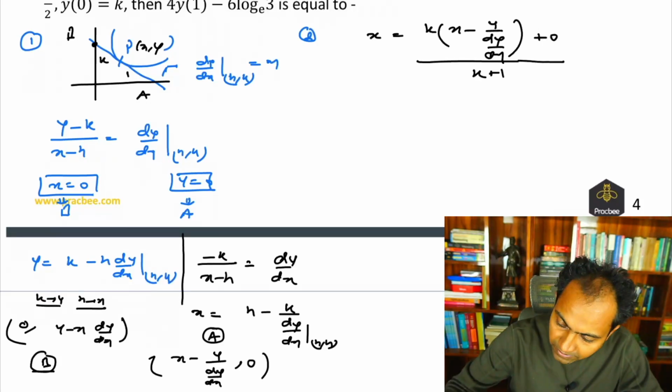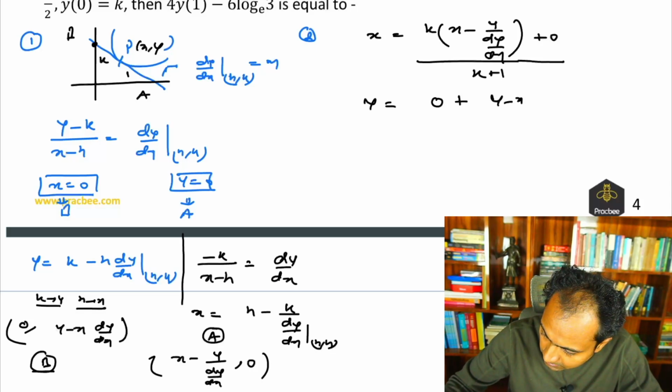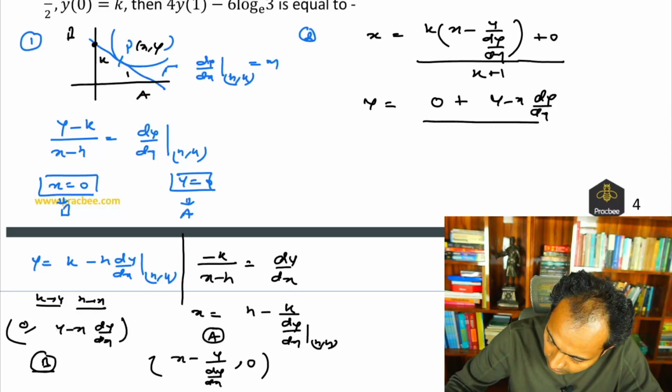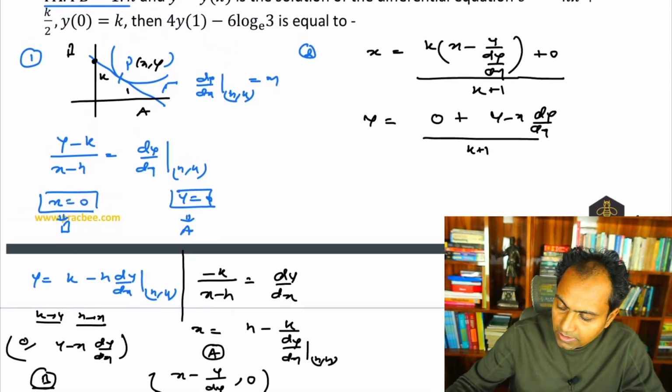And similarly, if I do it for the y coordinate, y is going to be nothing but 0 plus y minus x dy by dx by k plus 1. We can consider either one of them. I am considering the second part.